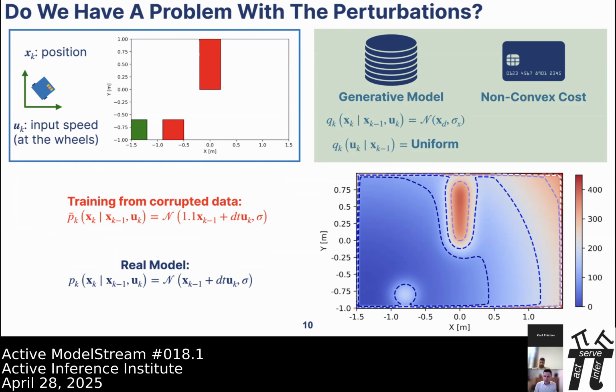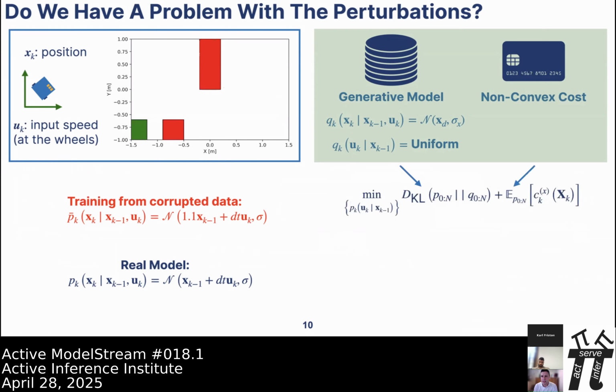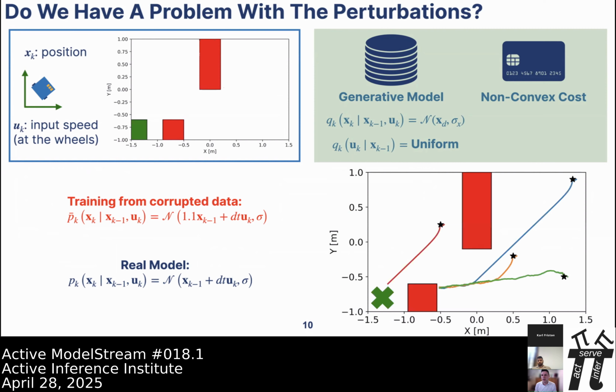Okay, so let's see what happens if we pretend, if we don't know that the real robot is different from the robot that we learned during training. So let's apply the results that are known in the literature. We just minimize this cost functional here in the policy space. And what we see is something that is quite relevant for us.